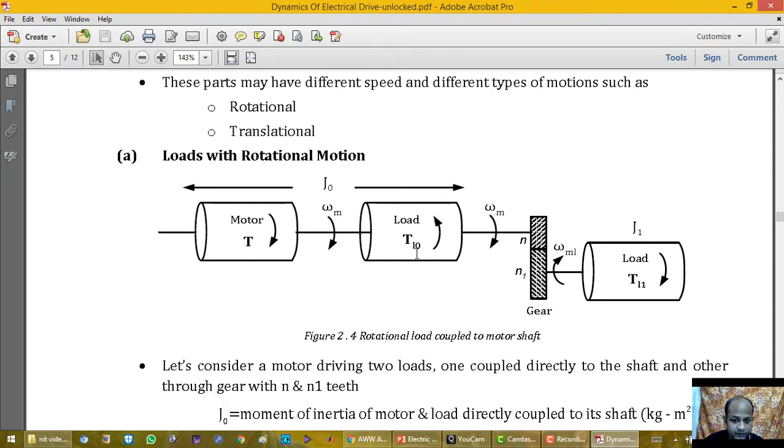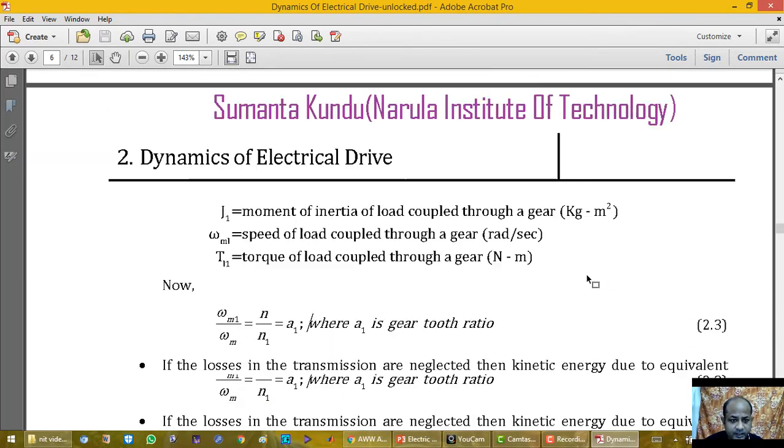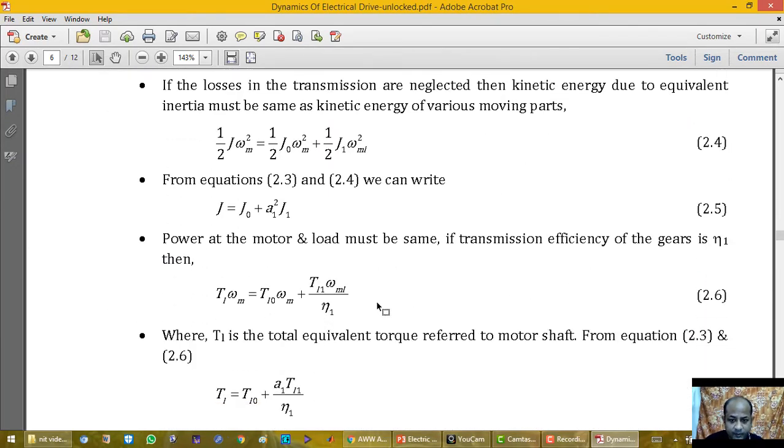So, this is my power: T1 omega m plus TL0 omega m plus TL1 omega m1.